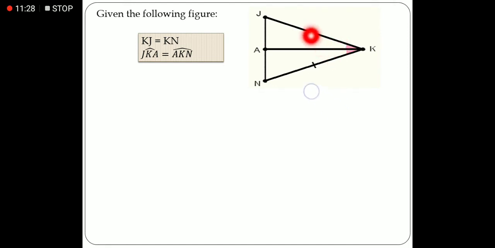Okay, we have here side, angle, and what about the other side? Look, KA is a common side between the two triangles HJK and AKN. So I can clearly say that these two triangles are congruent.